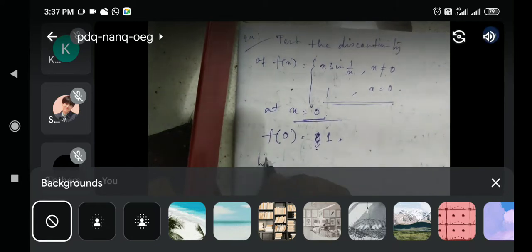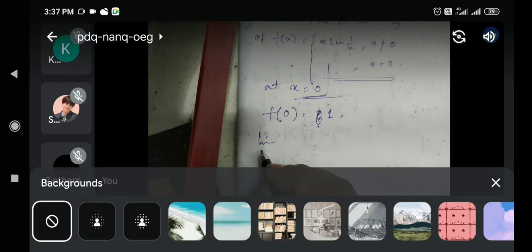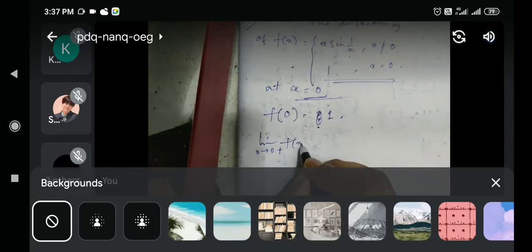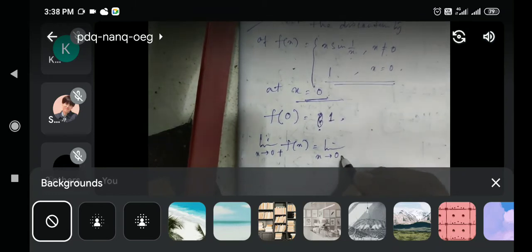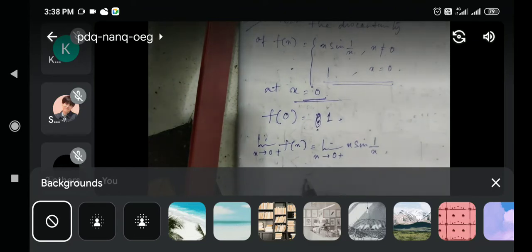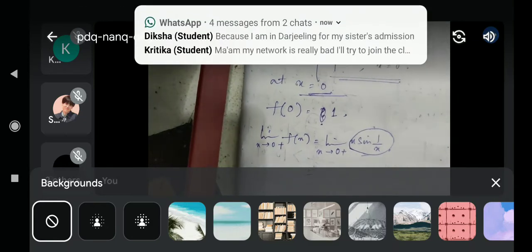Now starting with limit x→0+ f(x). What is the limiting value of that function at the point 0?